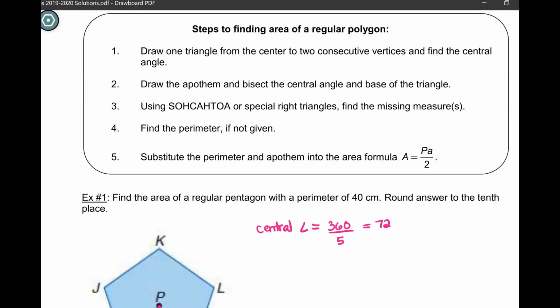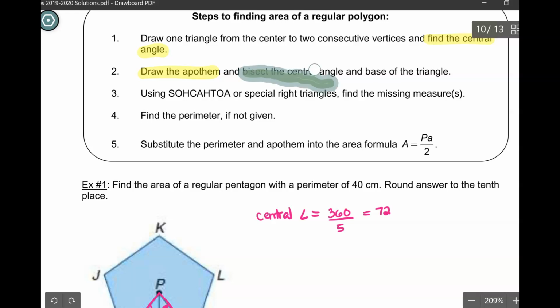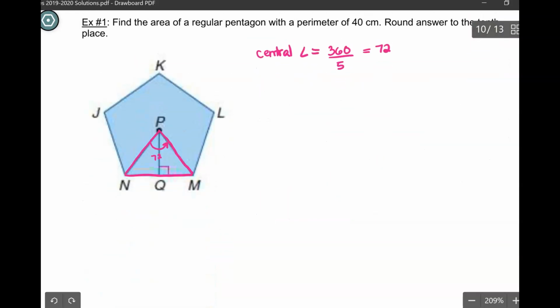Step 2: we want to draw the apothem. So, step 1, find the central angle. Step 2, draw the apothem, which bisects the central angle. As we can see, the apothem is drawn for us.